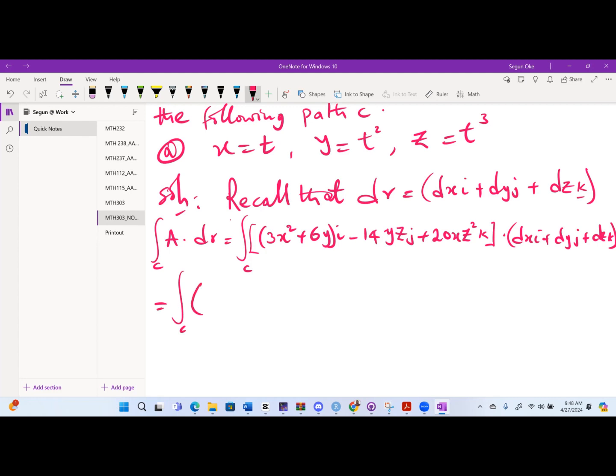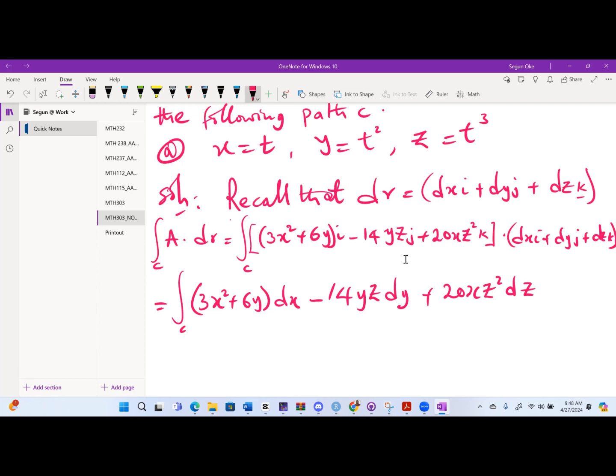It's going to be 3x squared plus 6y dx, minus 14yz dy, plus 20x z squared dz. That is our A dot dr.